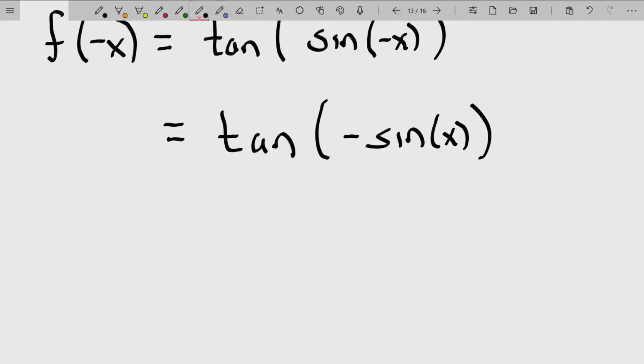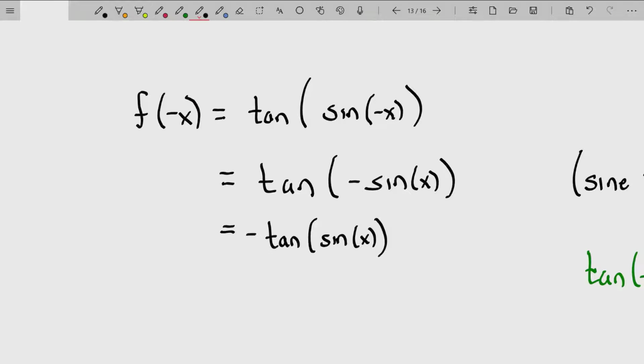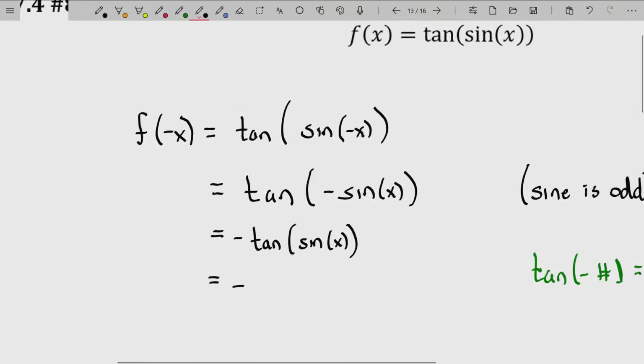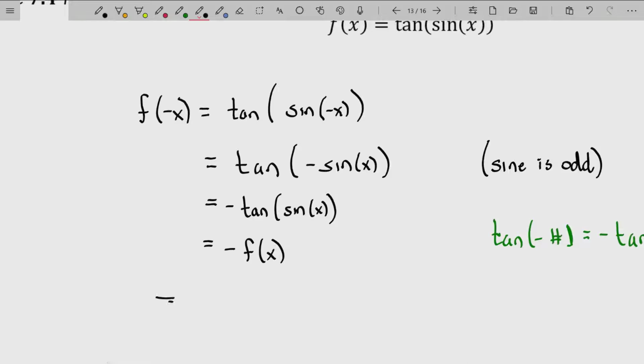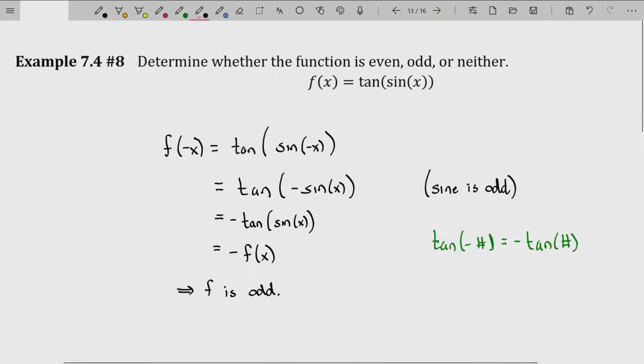So I could write that as the negative tangent of that something, which is the sine. Notice this is actually the opposite of the original function. So f of negative x ends up being negative f of x, implies f is odd. There you go.